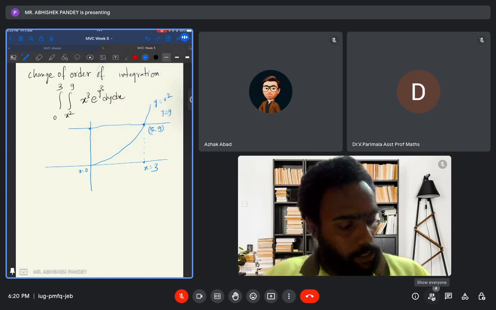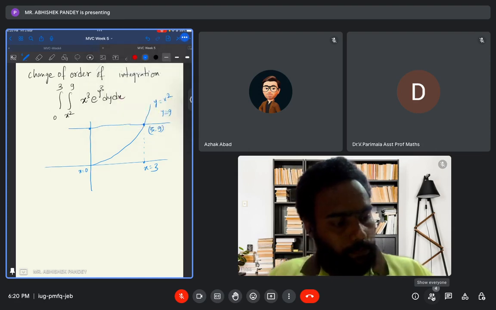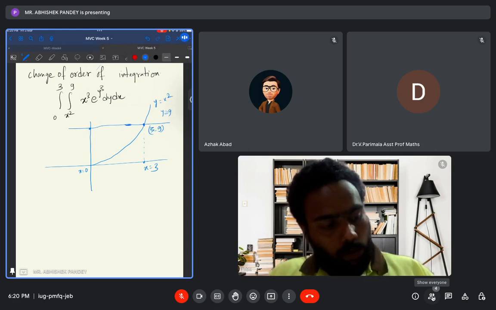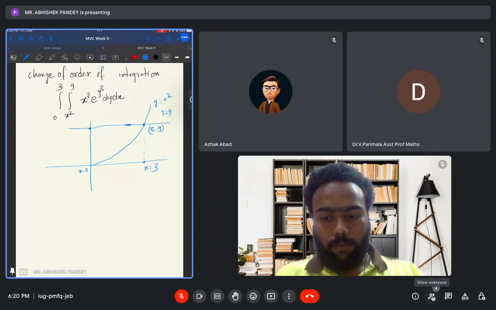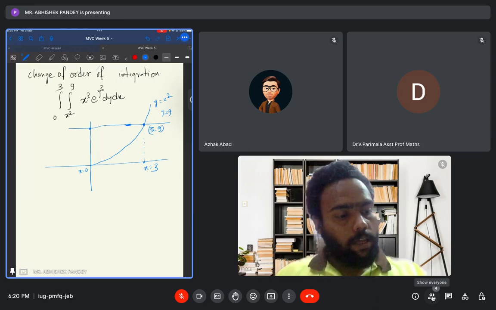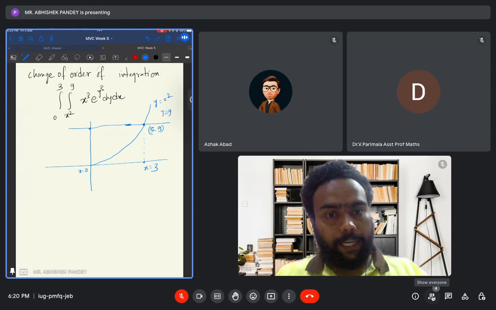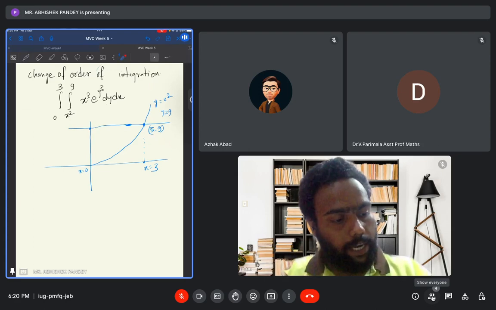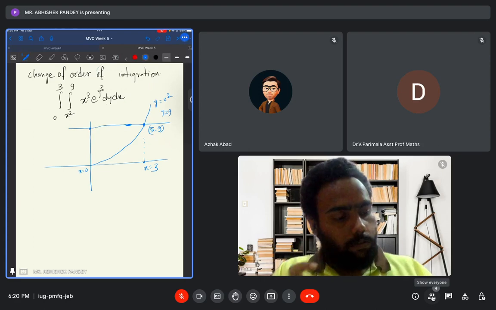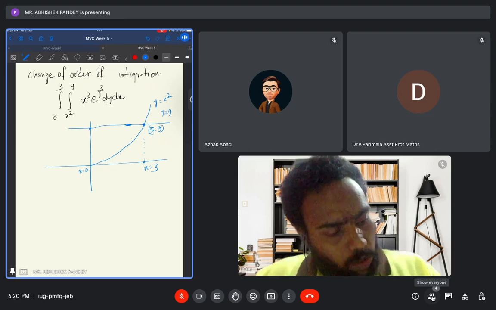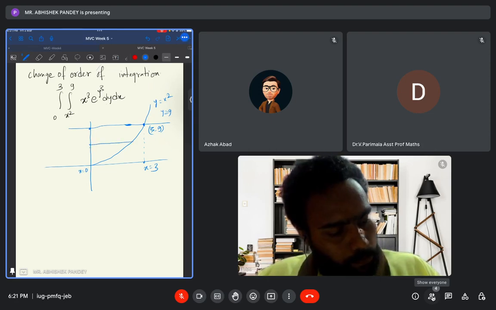So here's the thing. For that, what we will do, we will choose this. Since we have to change dy to dx, we'll take a small area element, a small rectangle kind of thing of width dx, a grid kind of thing.